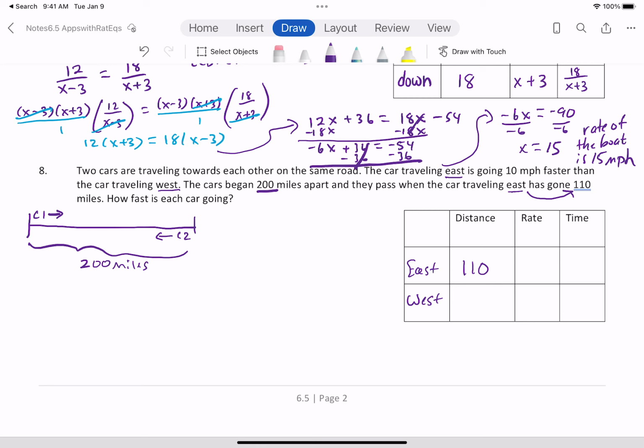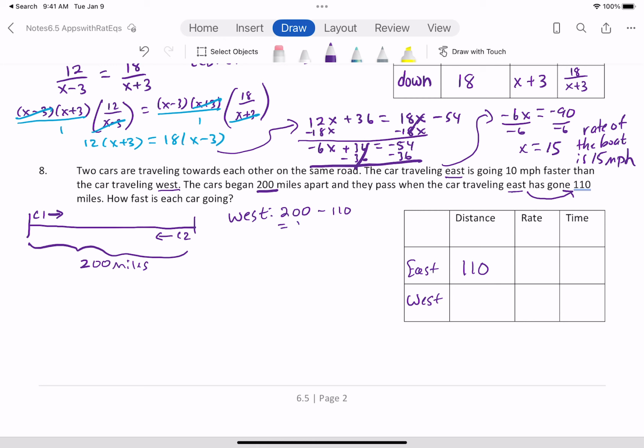So we can put the 110 in here for the east car. Now for the west, we have to use the information that was given. So when the cars pass each other, that means they are at the same place. I'm sorry, I wasn't quite sure how to word that. So if the east car has gone 110 miles, then the west car must have traveled the 200 miles that they were total apart minus that 110.